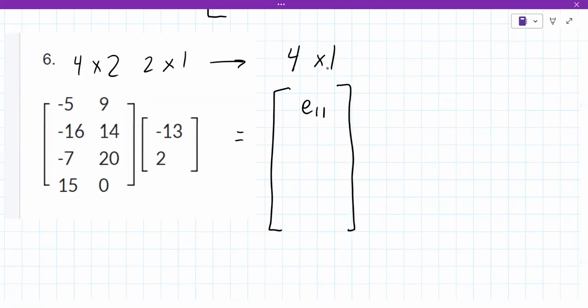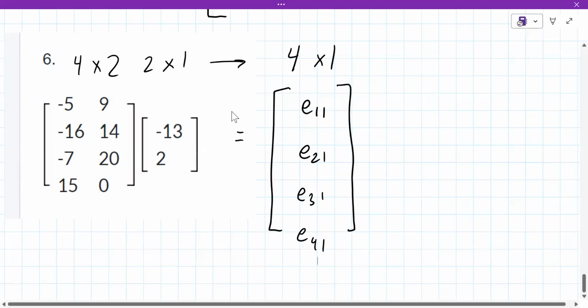Some books use this notation to indicate the position. E1,1 means row 1, column 1; row 2, column 2; E3,1 is third row, first column; E4,1. All right, so this is kind of our setup.